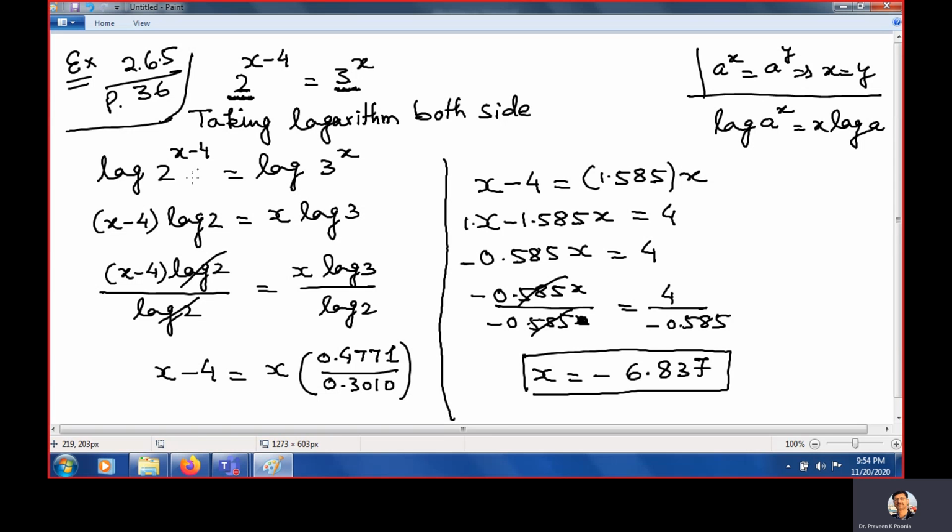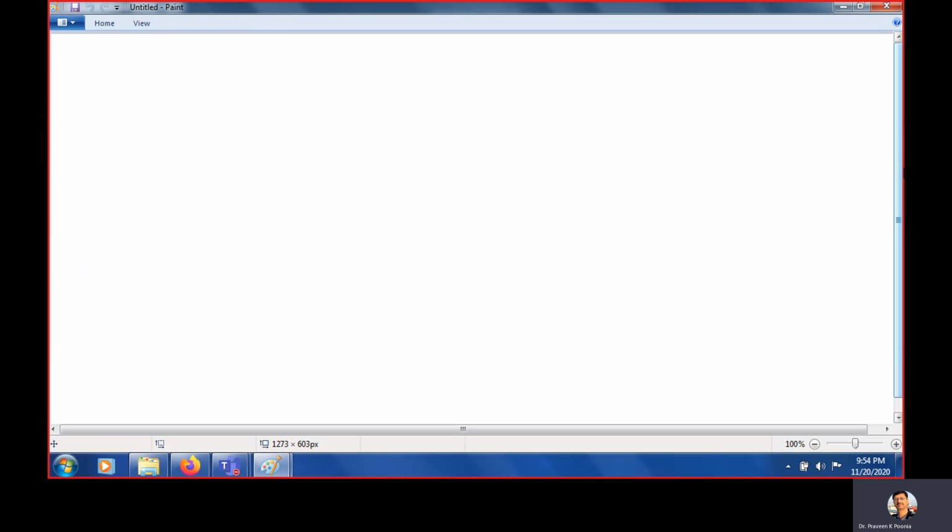So what we are doing, we are taking logarithm on both sides, and this is the best example of why we are studying logarithm. We are studying it to minimize our calculation, to make the calculations easy. Many complex calculations, meaning difficult calculations, become easy with the help of logarithm. So this is one of the examples to make the solution easy. Okay, so this was the example I needed to explain to you.